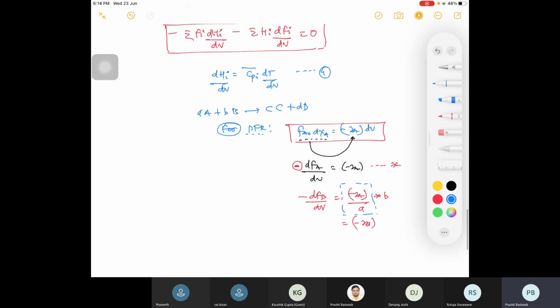See, यहाँ पे हमें जब B का रेट निकालना था, so we found out per mole of A and then we multiplied by stoichiometric coefficient. Generalized equation will be your dFi divided by dV, I am considering ith component, Vi into your minus Ra in terms of A. This is your generalized equation for any component in terms of minus Ra. Please remember, in terms of minus Ra.